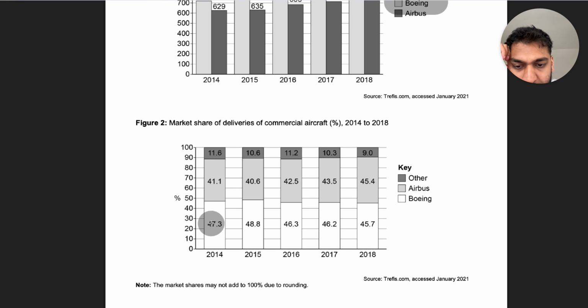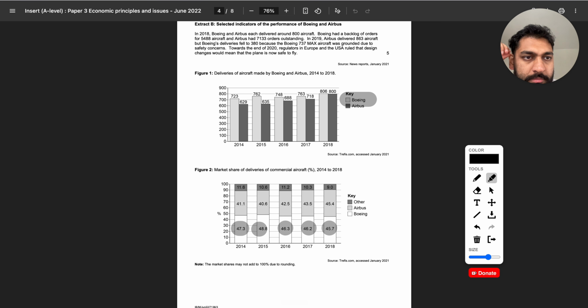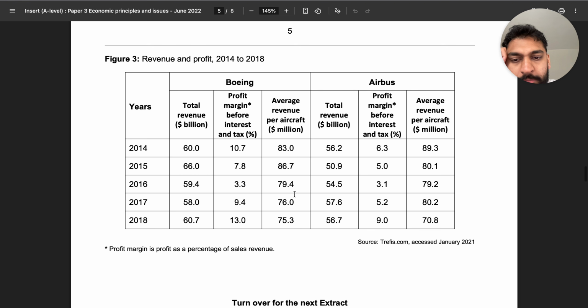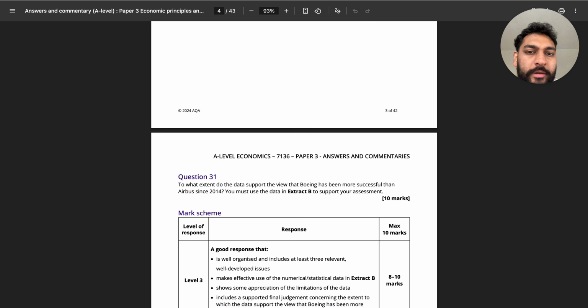Boeing seem to have a higher market share every single year. That's another thing that we can write about. And then Boeing had more revenue in pretty much every single year. Okay, and then that's going to form our 3 or 4 paragraphs, and then we've got the limitations to think about as well.